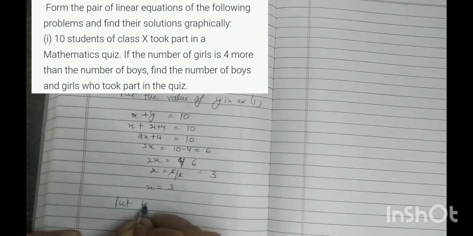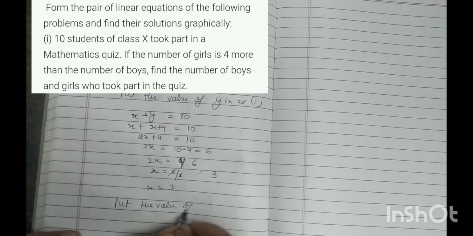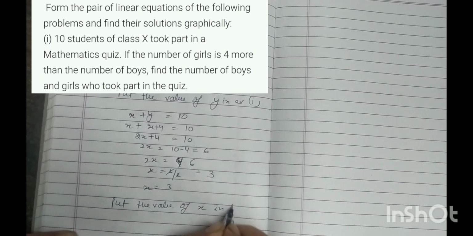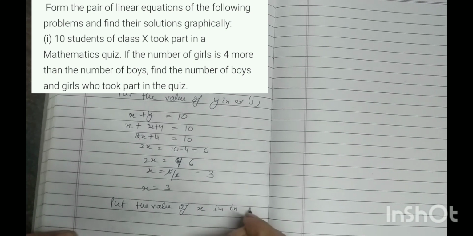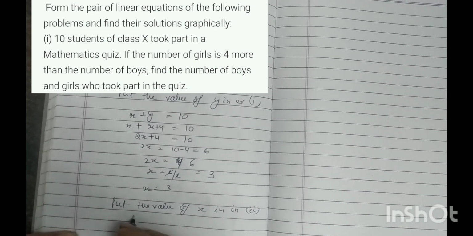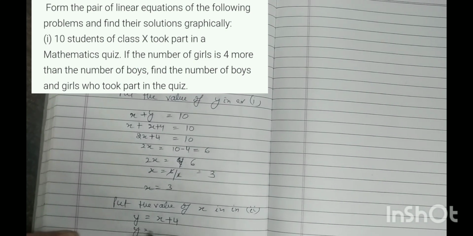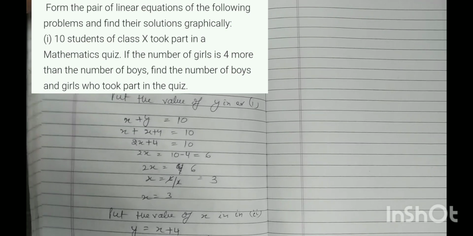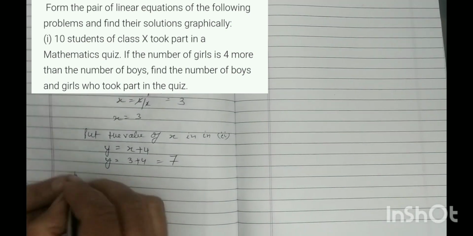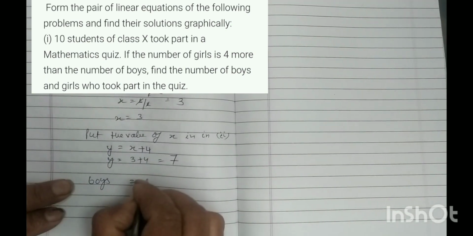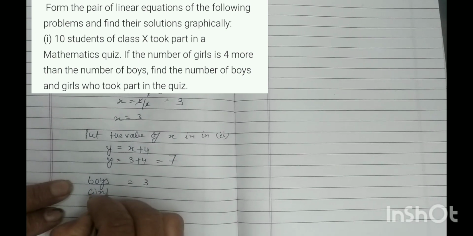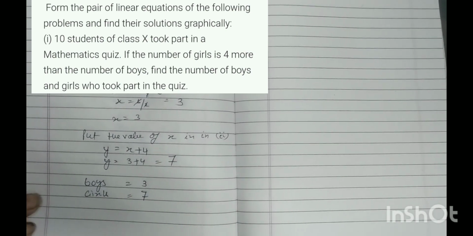Put the value of x in equation 2. y बराबर x plus 4, y बराबर 3 plus 4 equals 7. So number of boys equals 3 and girls are 7.